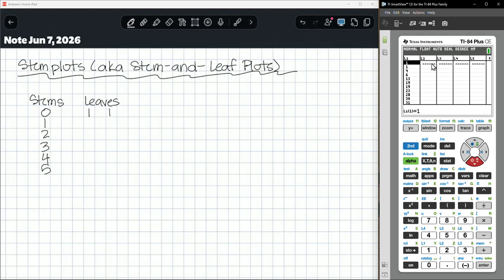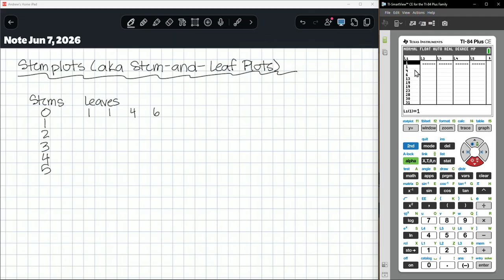So 1, 1, 4, 6. And you'll notice I'm writing on graph paper, I'm leaving a box between them. It's fairly important that we include repeats and that we leave the spacing between digits approximately the same so that the leaves show us the shape of the data.